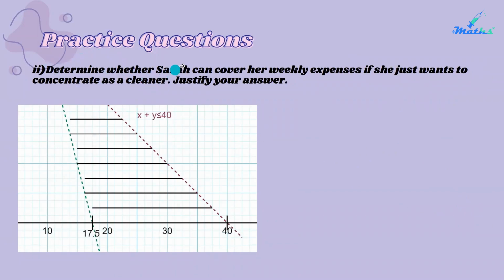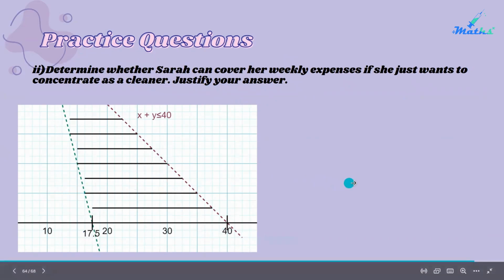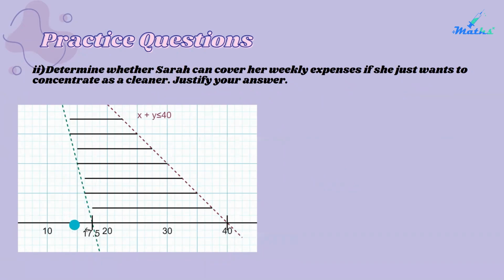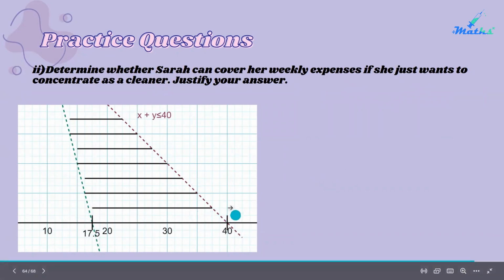Determine whether Sarah can cover her weekly expenses if she just wants to concentrate as a cleaner only. So justify your answer. So we need to find the range first. So for x, the range is 17.5 to 40. So the range is like this.